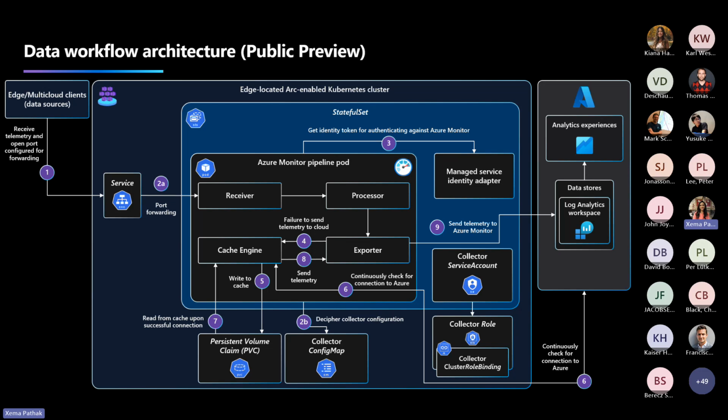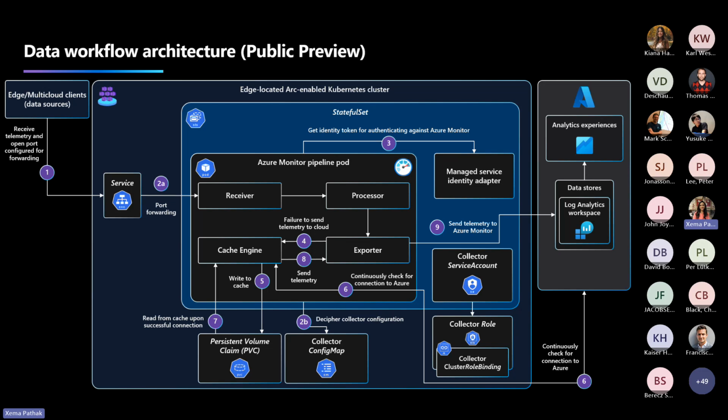Once you set up the persistent volume, you can configure our cache engine, which, if it sees any failure to connect to the cloud and send the data, will write the data to this persistent volume and continuously keep checking for connection. Once it sees a successful connection, it will read the data from the persistent volume and send it all the way up to the cloud.